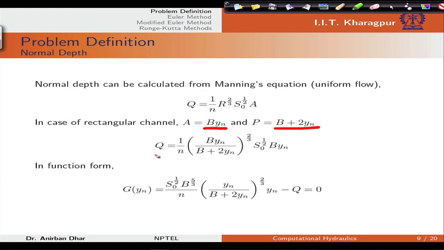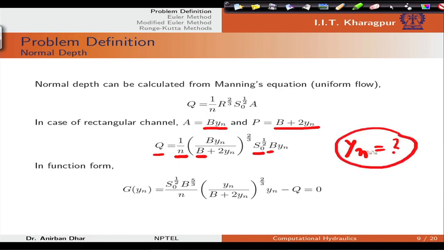So, q is given, b is given, n is given, S naught is given. So, the only unknown parameter here is y n. So, this is one nonlinear equation. Now, we need to solve this equation to get the value of y n or normal depth.